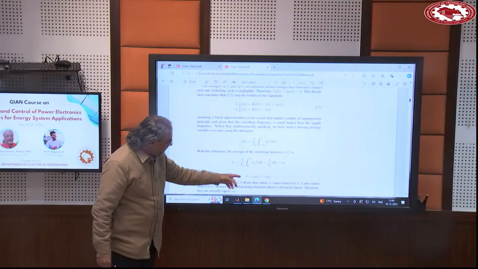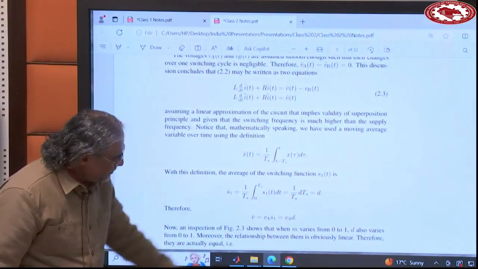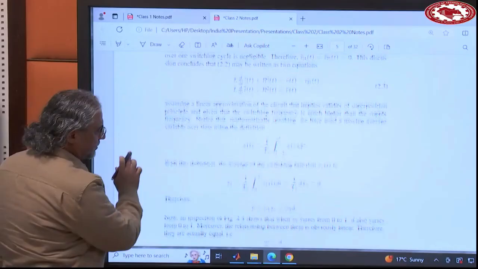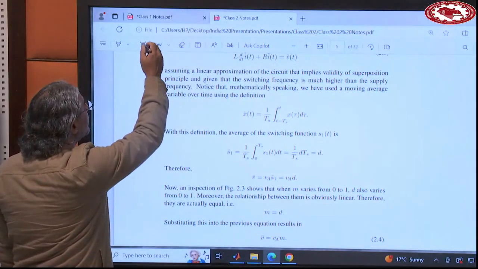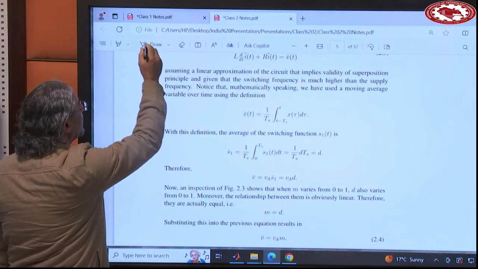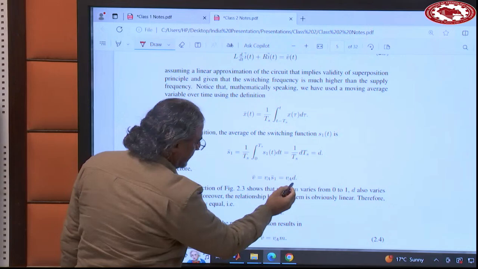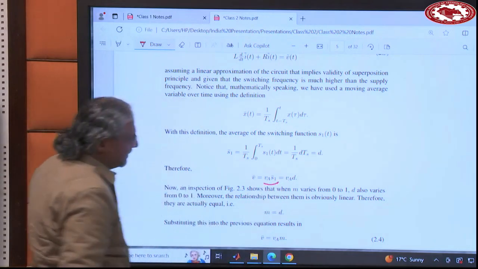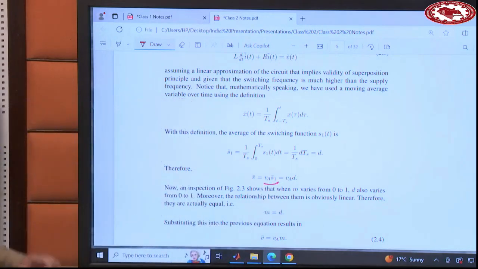Okay, so the V bar is VA into S1 bar. That equation is also valid. S1 bar is the average of S1. Again, if you just picture that in your mind, what is the S1 switching function?